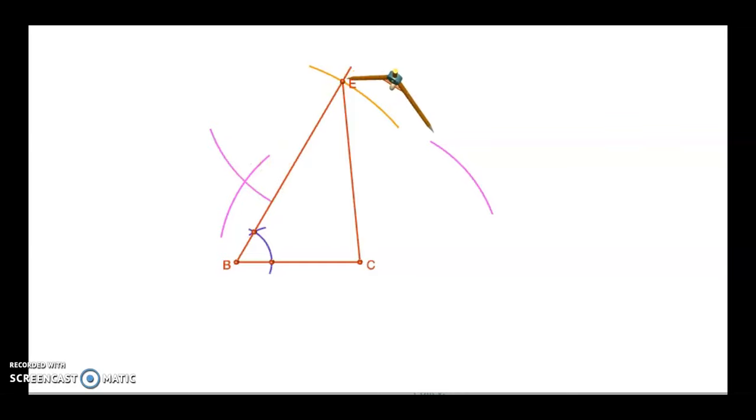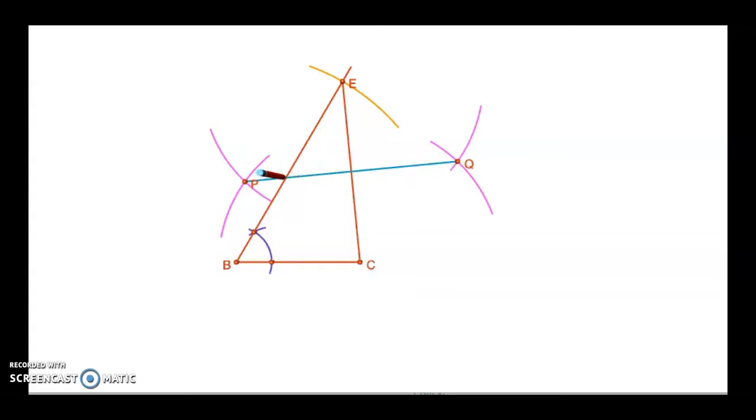Now let us mark the points of intersection of these arcs as point P and point Q. Let us join these two points P and Q to get the perpendicular bisector of the line segment EC.